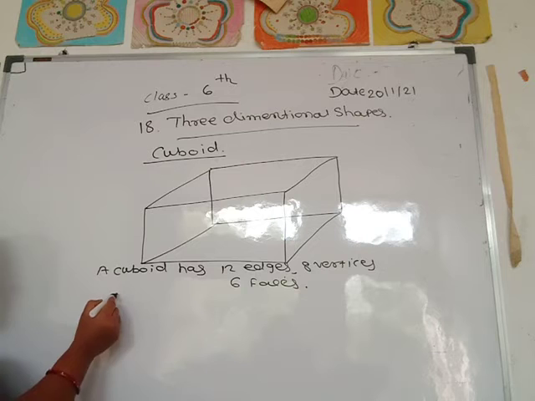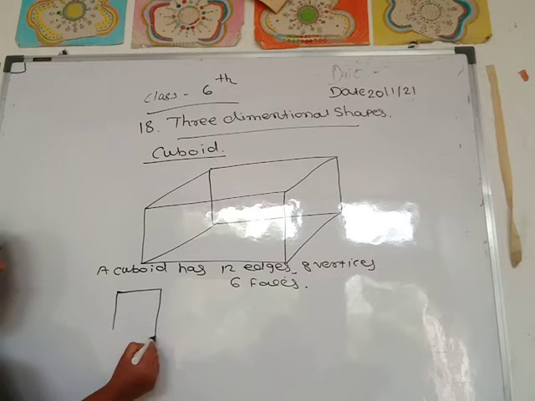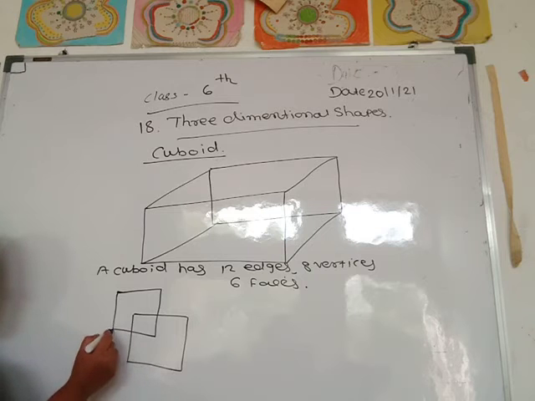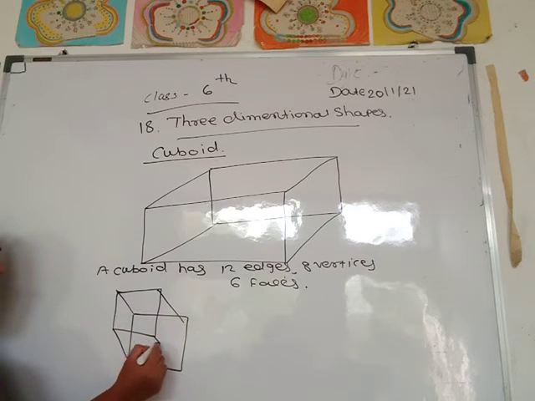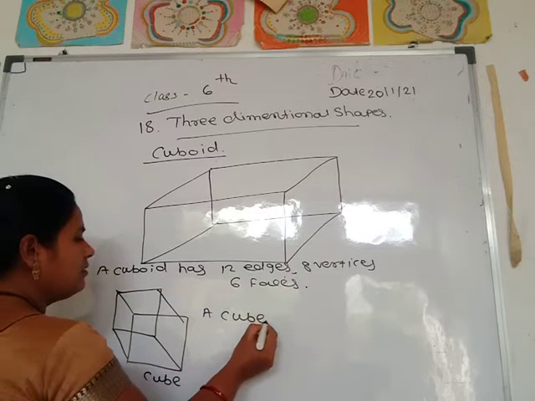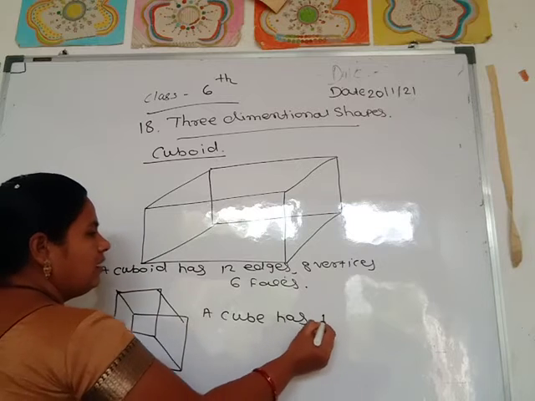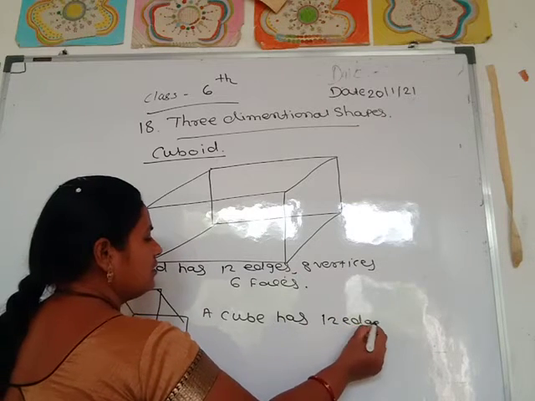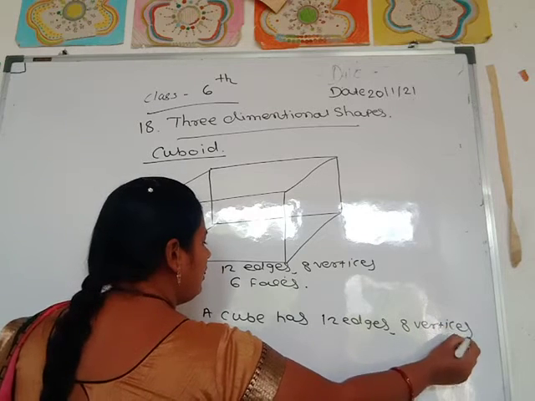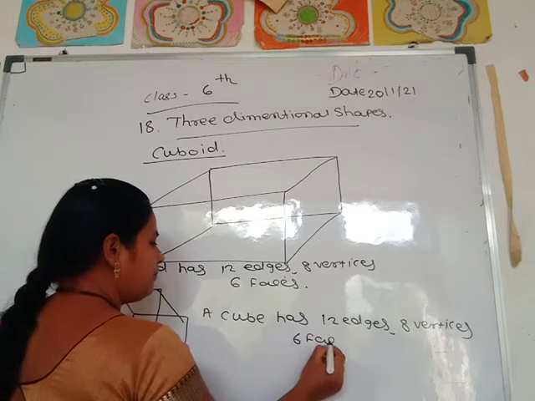Right. Then the next figure, the cube. A cube has 12 edges, 8 vertices and 6 faces.